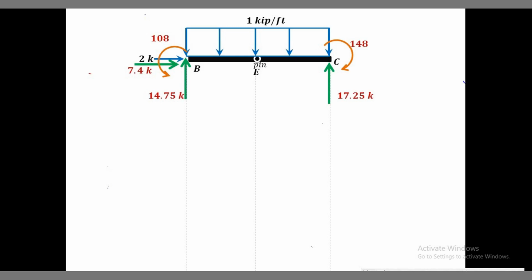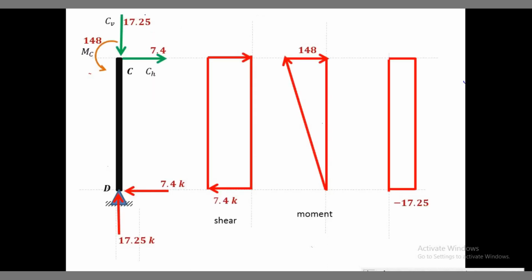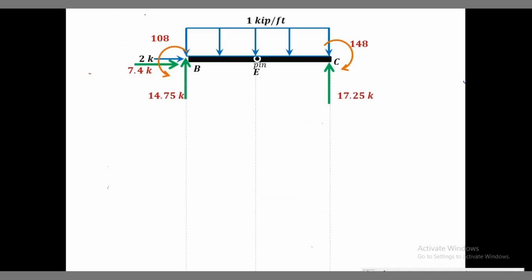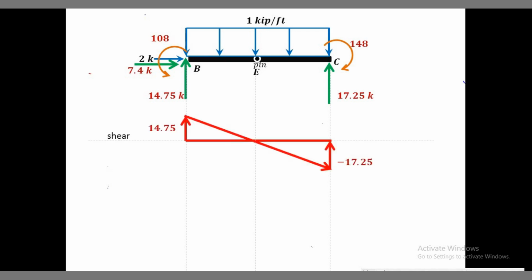So I hope na screenshot yun dito. Last ba? Ito si BC. Kasi yung kinonsider natin kanina is member AB at member CD. Ngayon naman, let's draw the shear and moment diagram for member BC. Take note, dito sa my point E, adatta internal pin. So if I'm going to draw the shear diagram, it looks like this one.